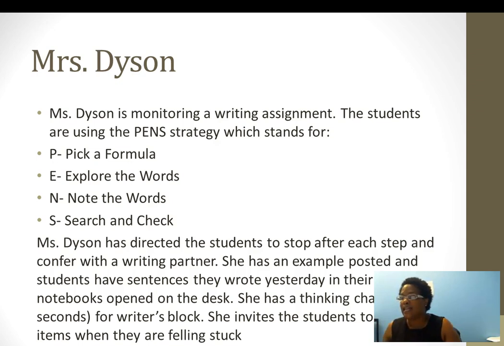Miss Dyson has directed the students to stop after each step and confer with a writing partner. She has an example posted, and students have sentences they wrote yesterday in their notebooks open on the desk. She has a thinking chair, 30 seconds, for writer's block. She invites the students to use these items when they are feeling stuck.